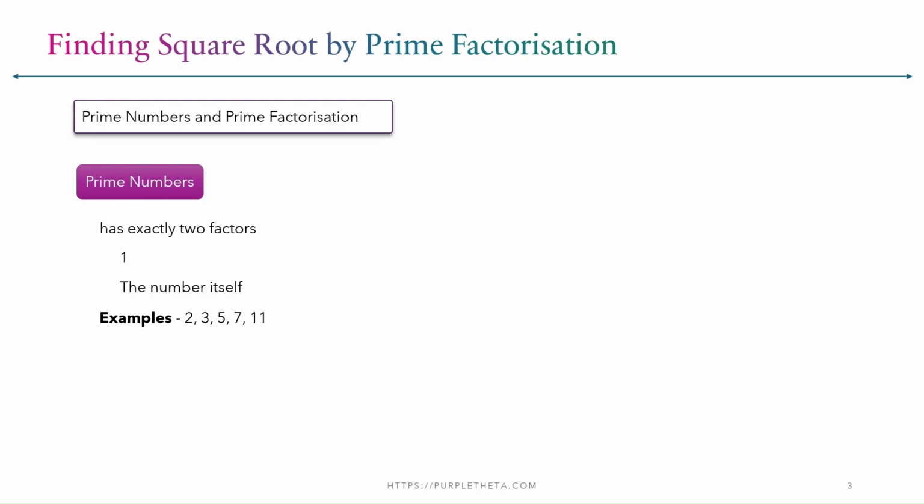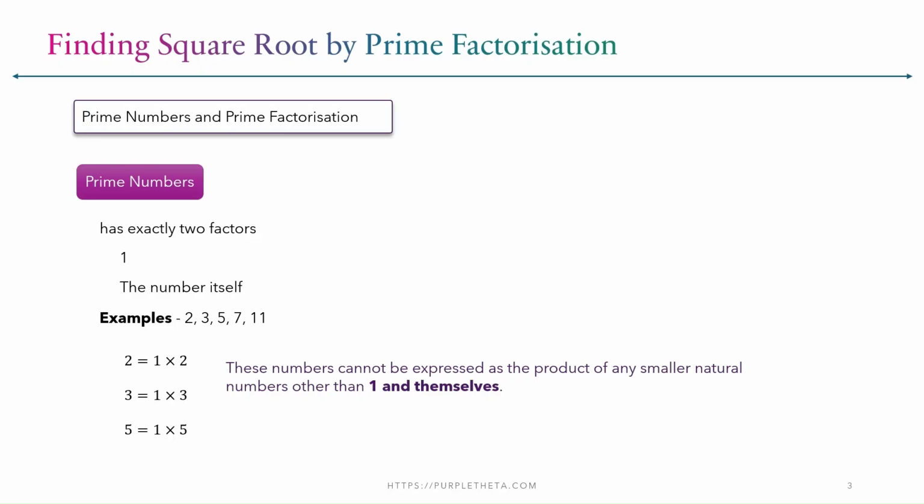For example, 2, 3, 5, 7, 11, etc. are all prime numbers. For instance, 2 can be written as 1 multiplied by 2, 3 can be written as 1 multiplied by 3, and 5 can be written as 1 multiplied by 5, right? And these numbers cannot be expressed as the product of any smaller natural number other than 1 and themselves. Therefore, they are called prime numbers.